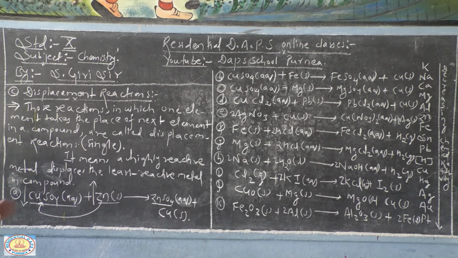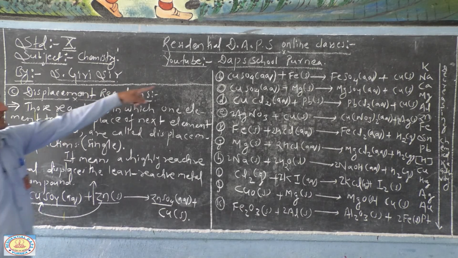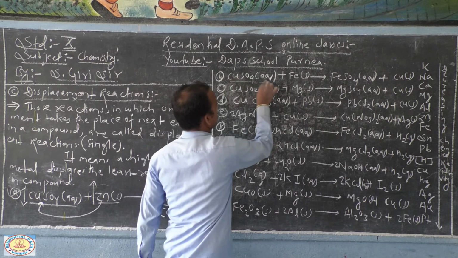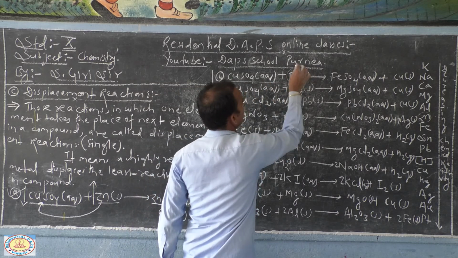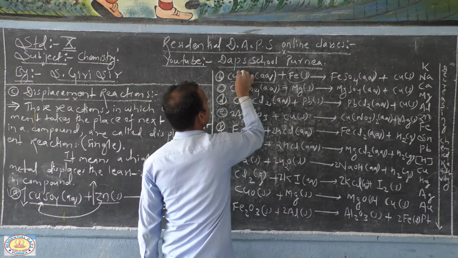So the first example, I think it is clear. Similarly, instead of zinc you may take any metal which is more reactive than copper. Here you can see the next example, the same copper sulfate solution. Here I have taken iron because iron is more reactive than copper.